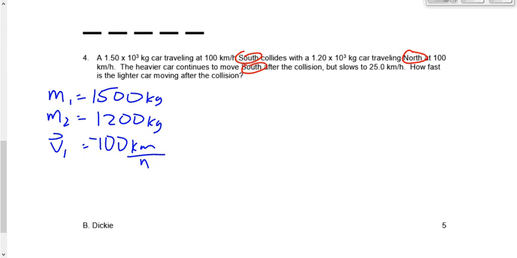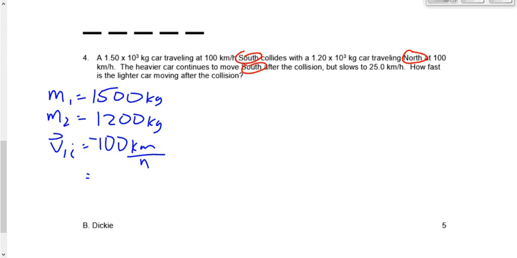Is that before the collision or after the collision? That's before the collision. So we're going to call that V1I. Okay, that is so critical to get that nailed. V1I. Don't just call it V. Don't ever just call it V. It's V1I. Now, notice I left it in kilometers per hour. We'll talk about that in just a moment, okay? But right now, we'll just move on to the next one here.